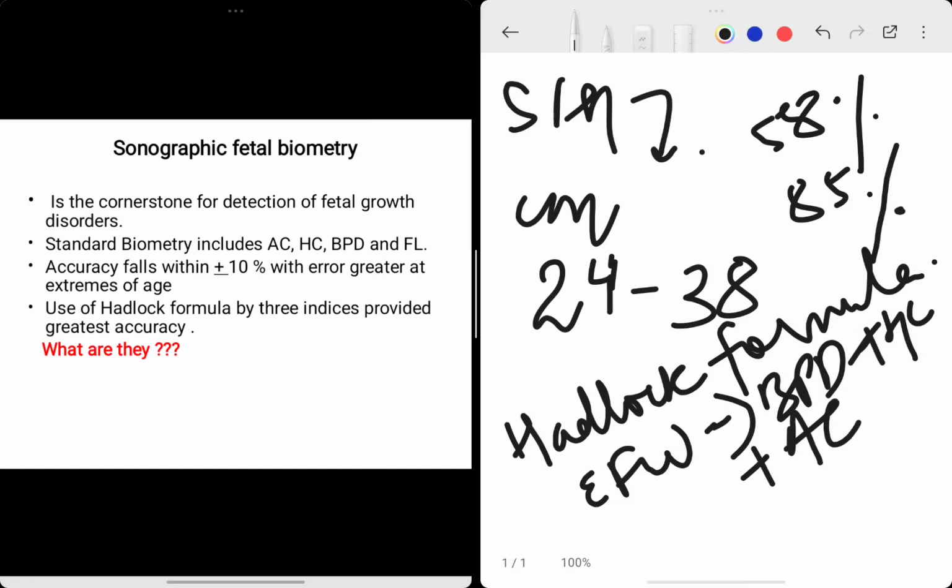So you have to remember two circumferences, that is the head circumference and abdominal circumference, and one parameter of the head, which is known as the biparietal diameter. And which parameter is not used? Femur length is not used.